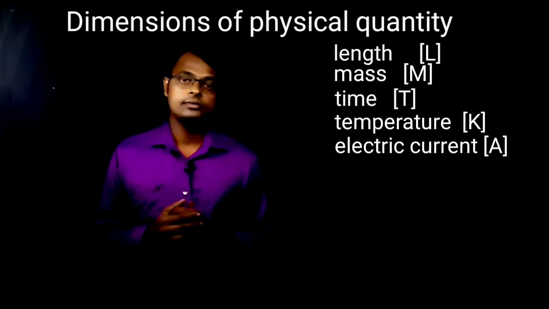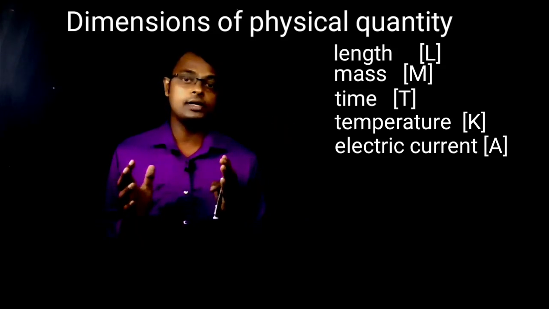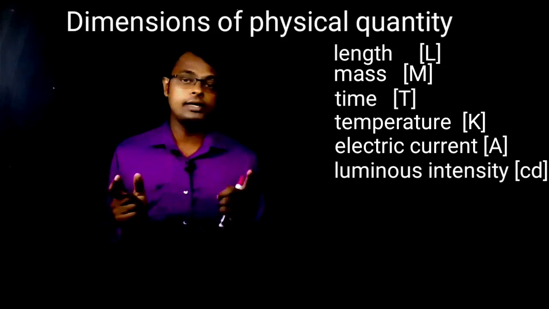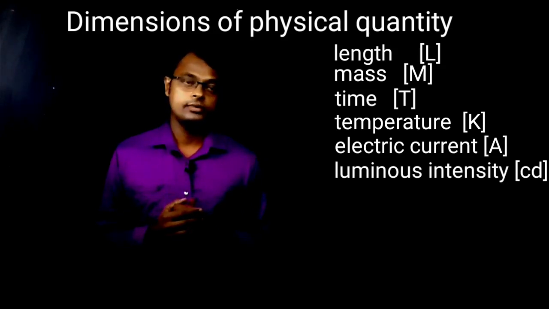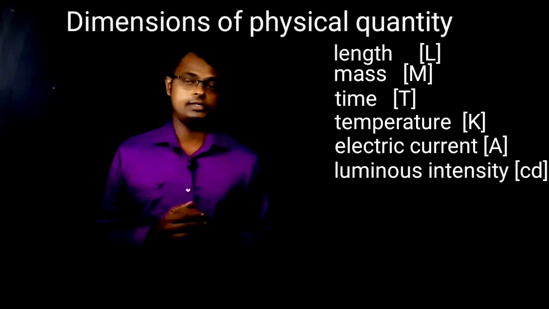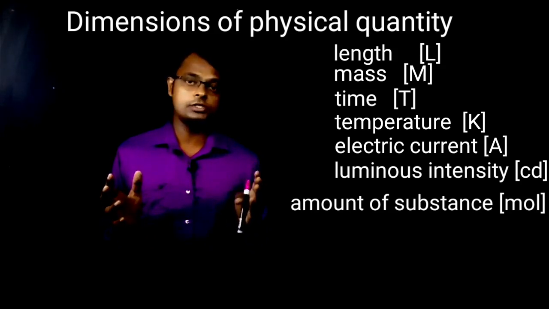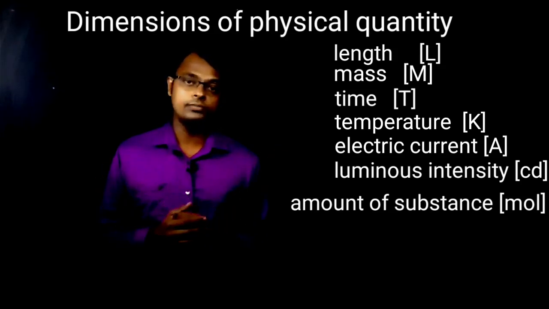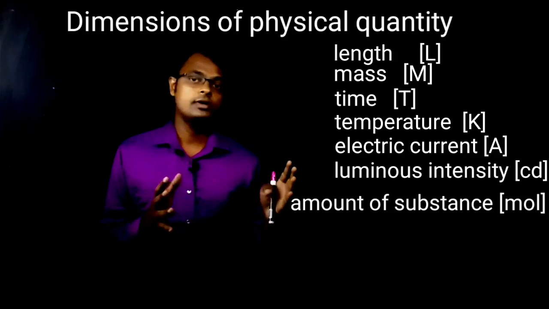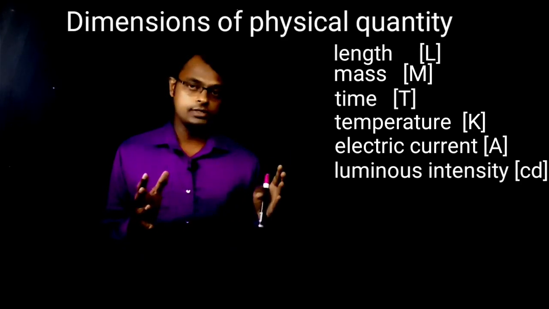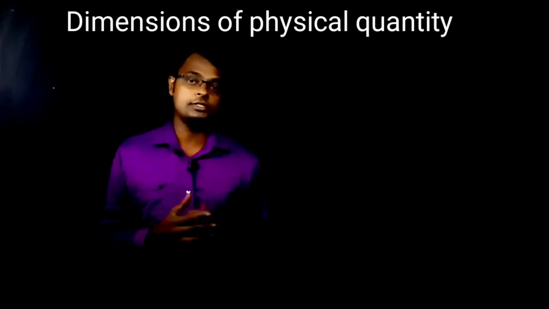Electric current, that is capital letter A or capital letter I in square bracket. Luminous intensity, CD in square bracket. Amount of substance, we represent the dimension in square bracket as mole. So these are the 7 basic quantities as well as their dimensions.